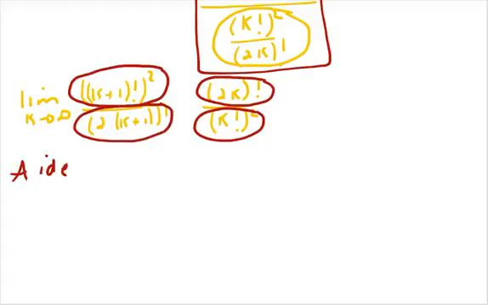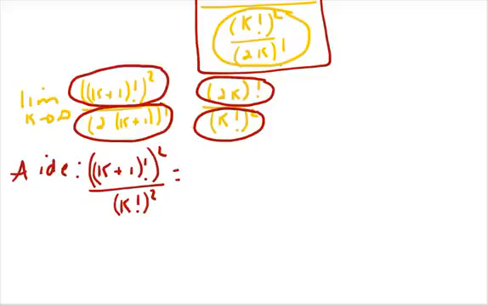They have like terms, so I want to make a ratio of those individual pieces and work on them. The first one I want to look at is (k plus 1) factorial squared, and I'm going to divide it by (k factorial) squared. It looks like we can do something here, and sure enough, you can.